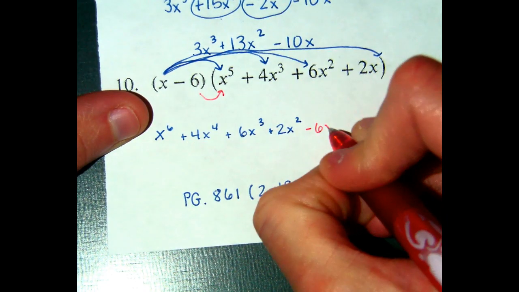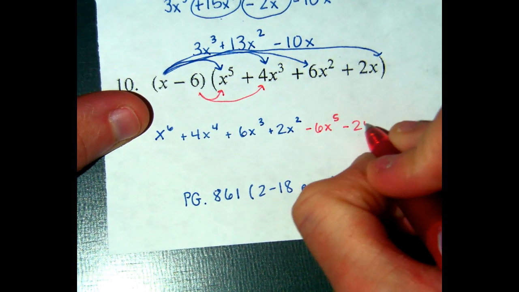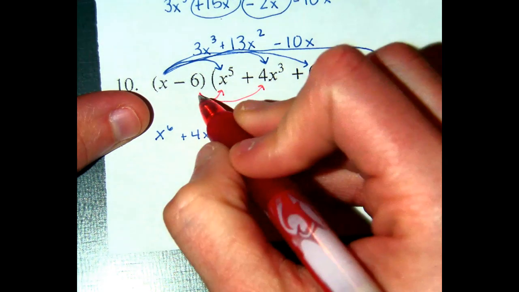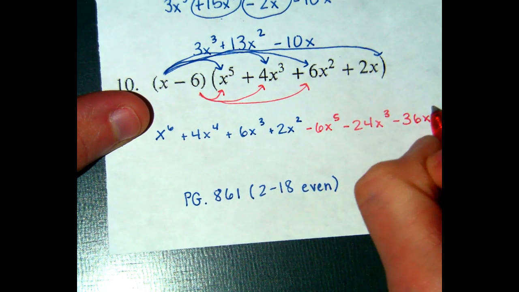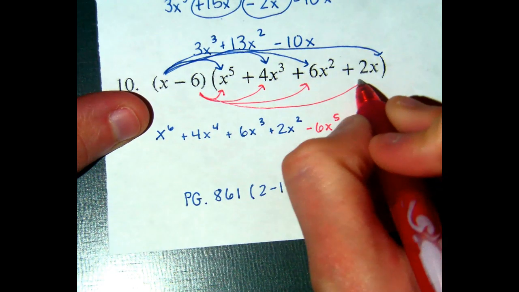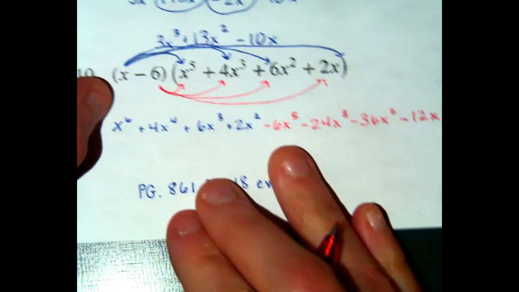Negative 6x to the 5th. Negative 24x to the 3rd. I bet we're going to have a lot more like terms. Negative 12x. Good, y'all didn't forget the x.